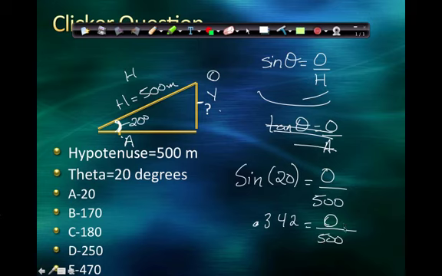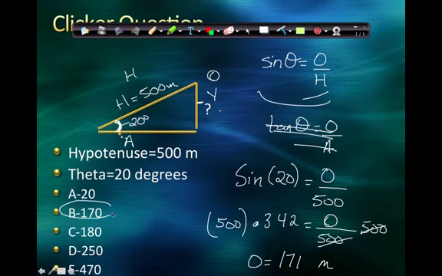So in order to get opposite by itself, I'm going to multiply both sides by 500. So opposite is equal to 500 times this, which gives me 171 meters, roughly. So this should be our answer. This is our closest answer.